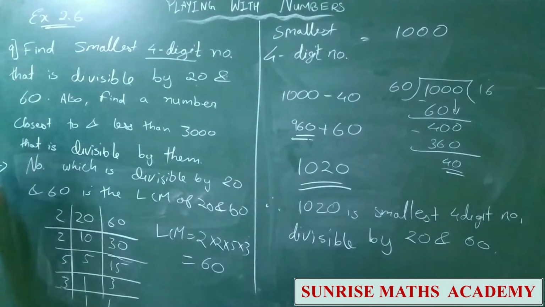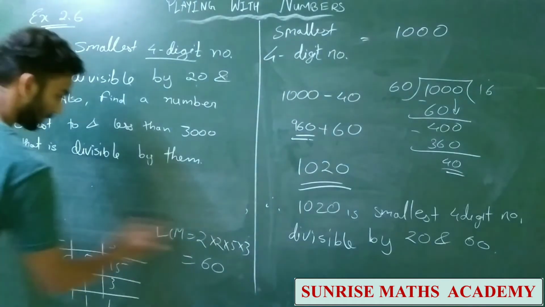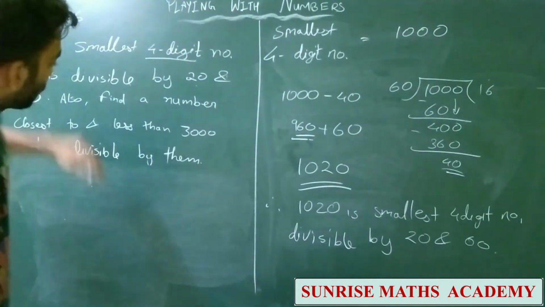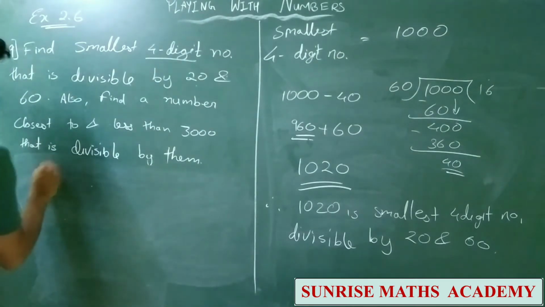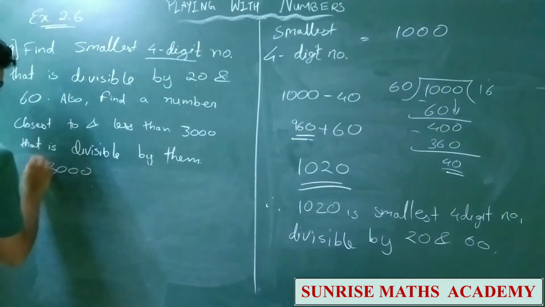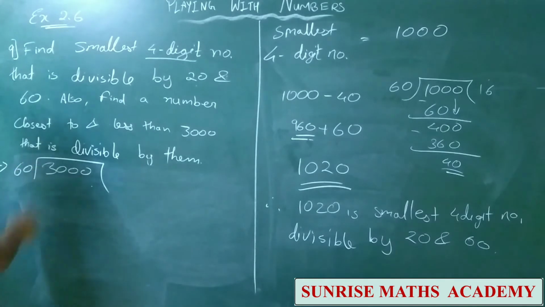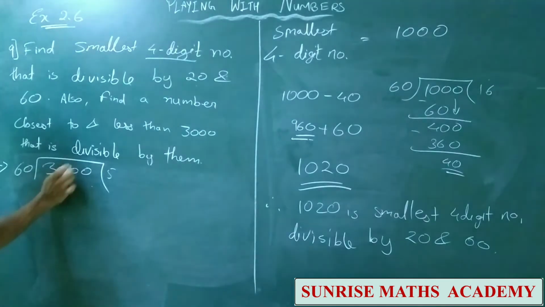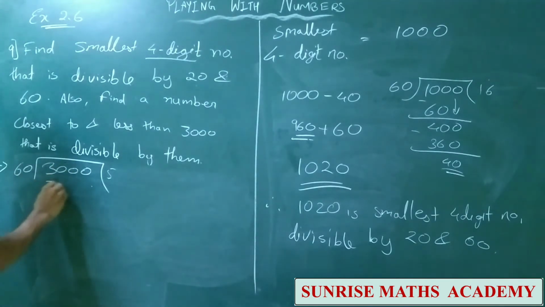यहाँ पे 3000 दिया है, so instead of 1000 we have to take 3000 divided by 60. So 3000 divided by 60. Here 5 is 300. So 50 is 3000.